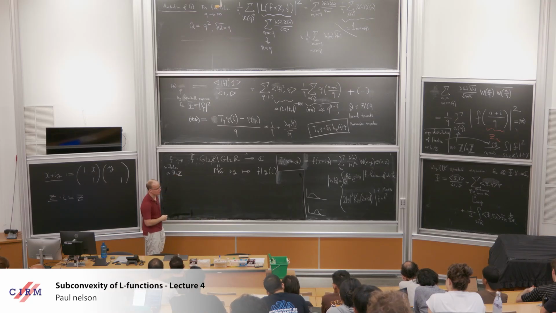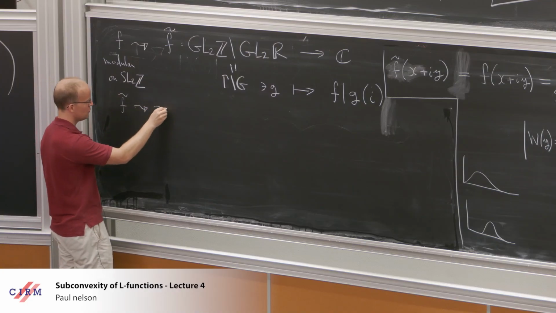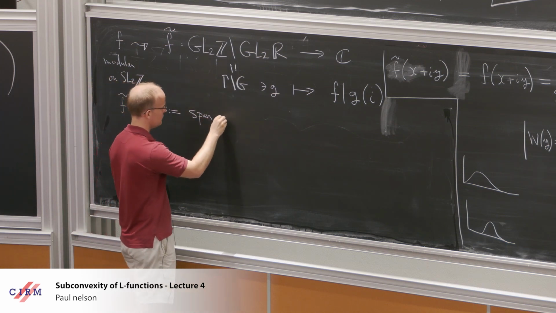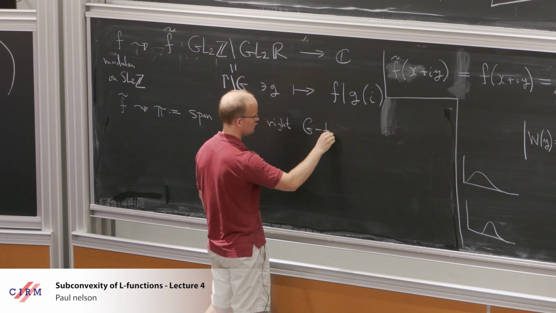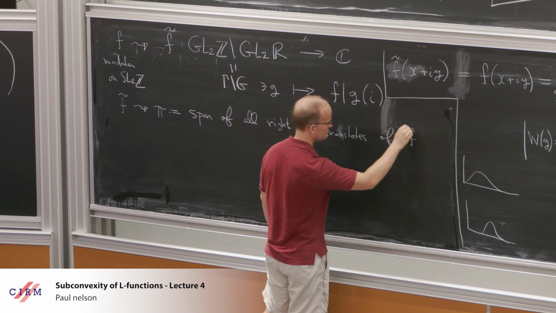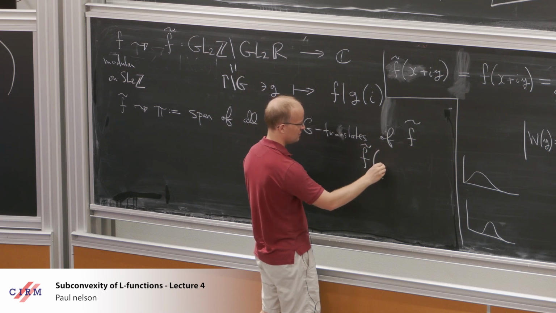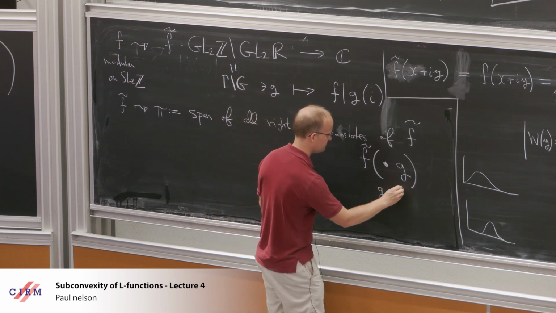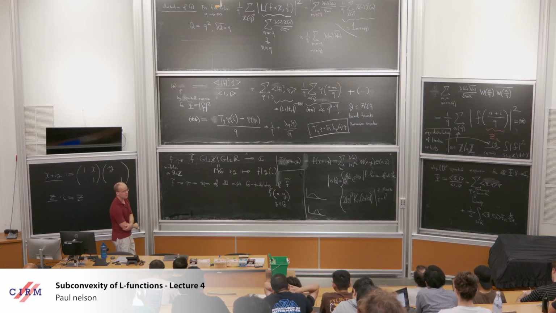So you get flexibility now by passing from f tilde to an automorphic representation that we'll call pi, which is roughly the span of all right translates of f tilde under elements of G. So a right translate would mean something like you take f tilde and you put the argument there and you translate it on the right by some group element G. Okay.